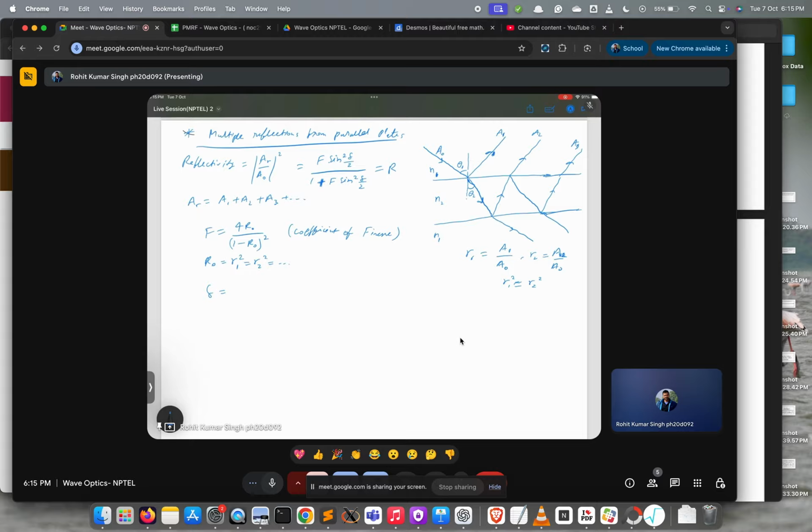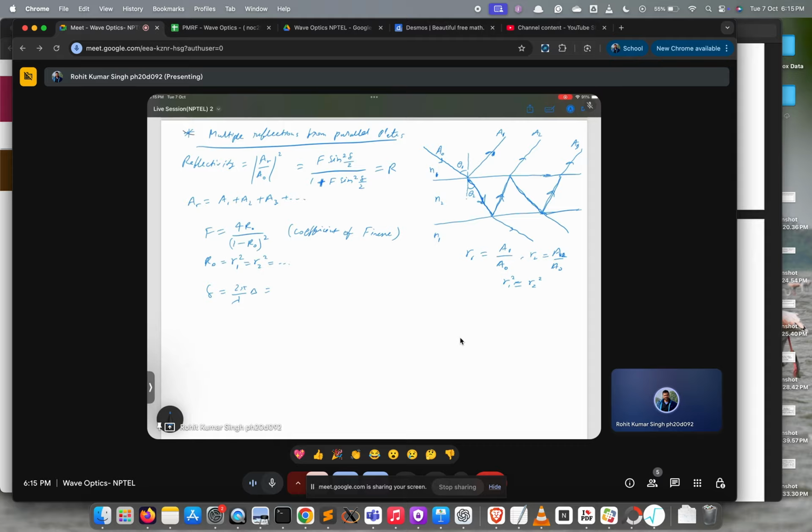A2 is traveling an extra path here compared to A1, and similarly A3 is traveling an extra path compared to A2, which is the same as what A2 is traveling compared to A1. So the consecutive path differences are the same, and so the phase difference will also be the same, which is given by 2 pi by lambda times the path difference.